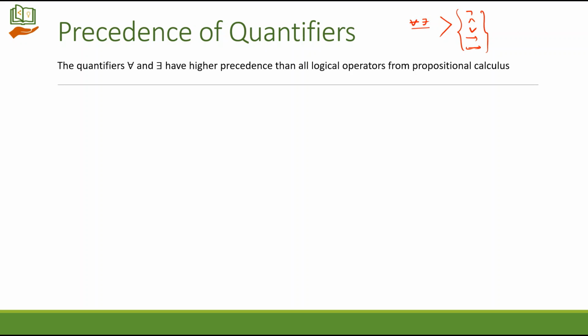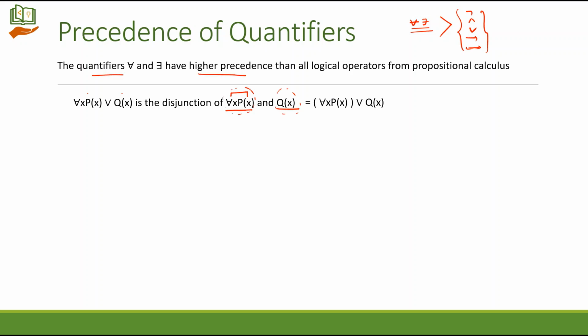It means these two should be evaluated first when other logical operations are present. For all x P of x, disjunction Q of x, is the disjunction of these two expressions, where for all x P of x is evaluated first. So here the higher precedence is for quantifiers. We can represent this in the form of brackets also. So basically we evaluate this first, then go for the disjunction operation.